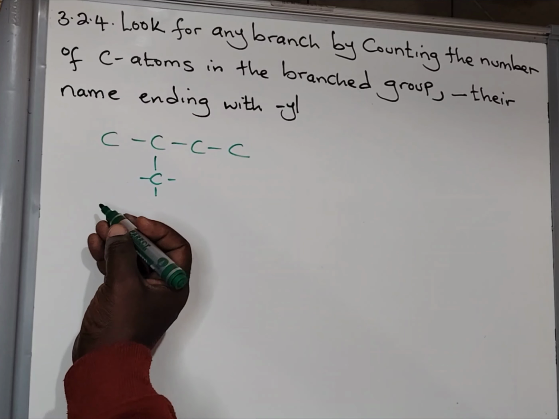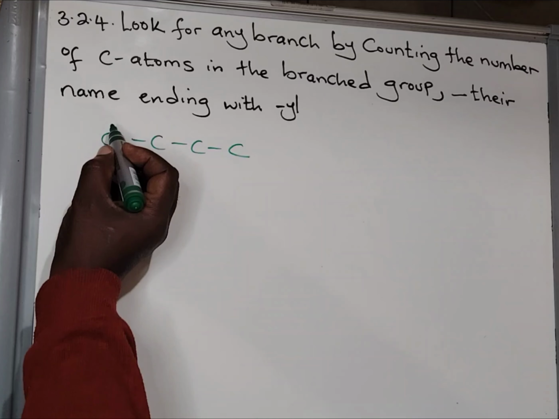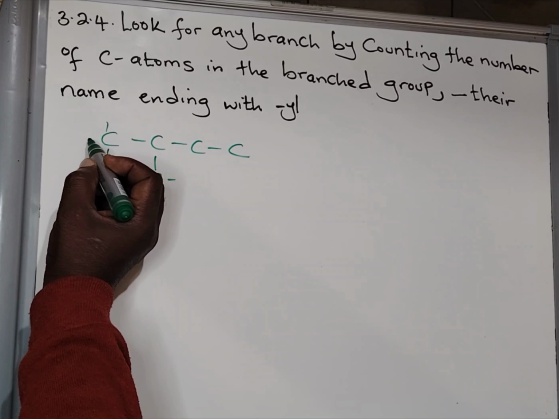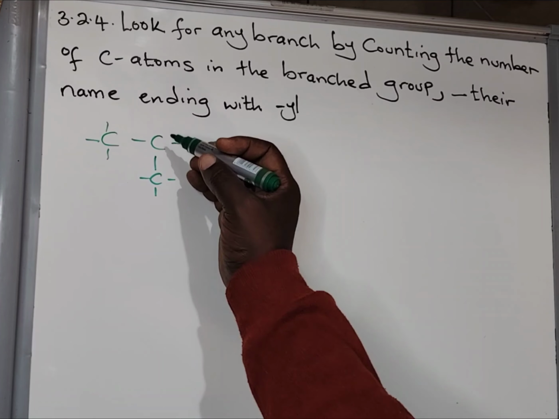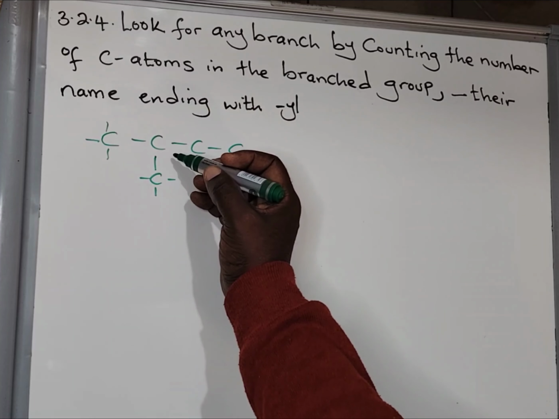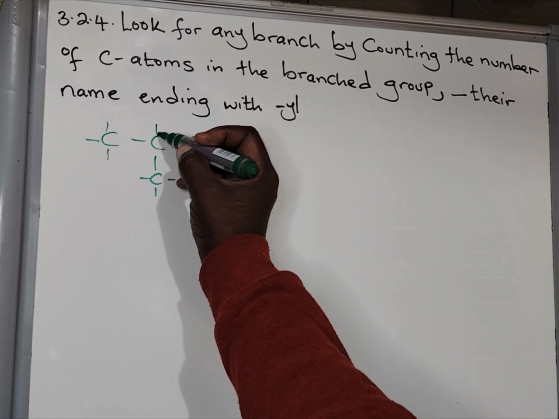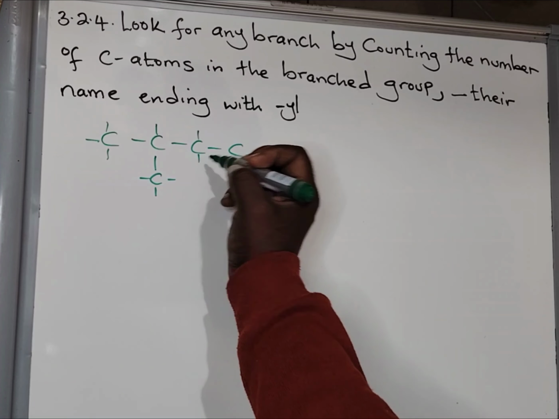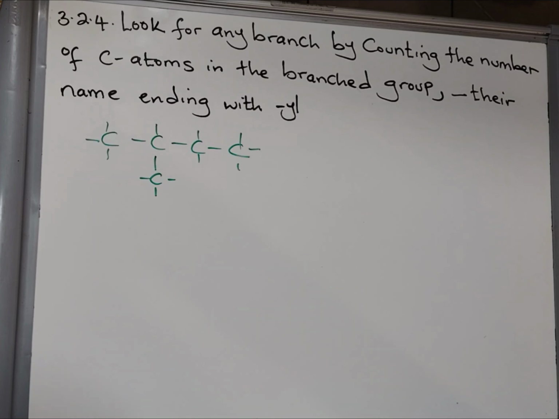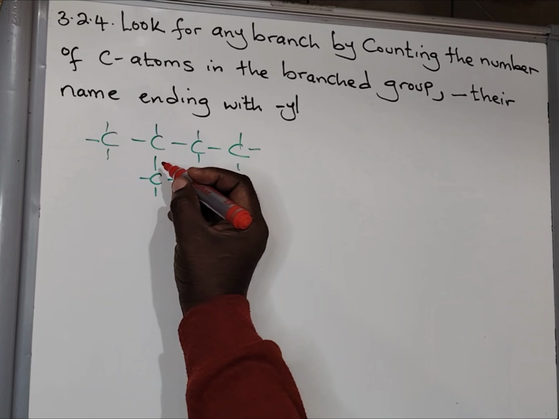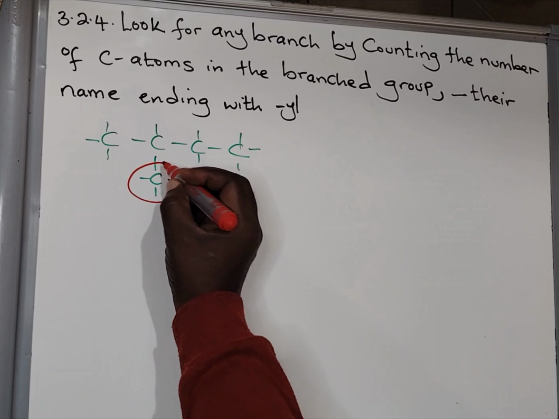Let's fill in all the missing bonds. This one has one bond, it's missing 3. We have to remember that every carbon must exercise a covalence of 4. This one has 3, it's missing 1. So it's missing 2, it's missing 3. So if that's the compound we have, our focus is on this branch.